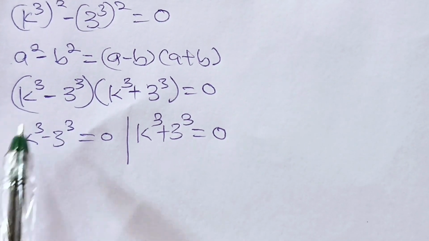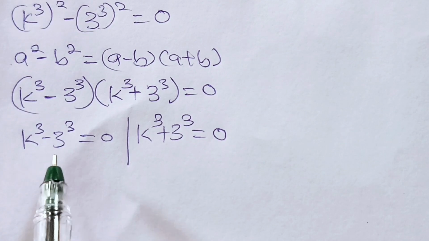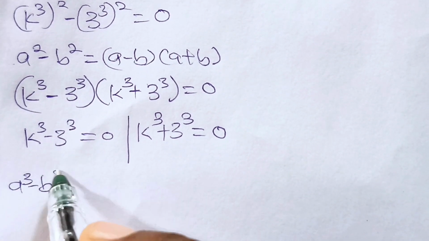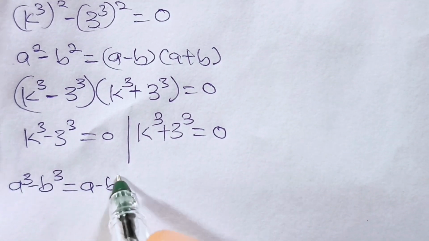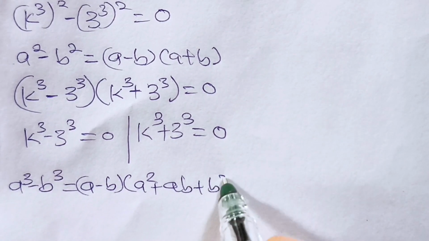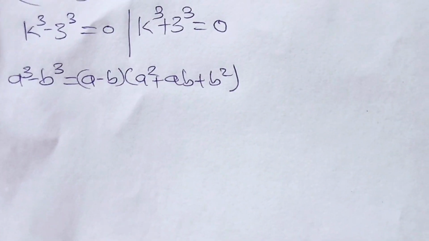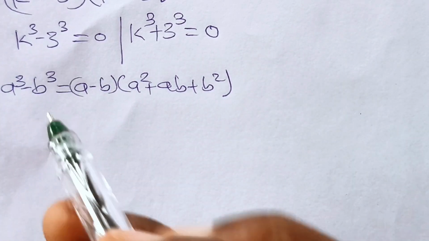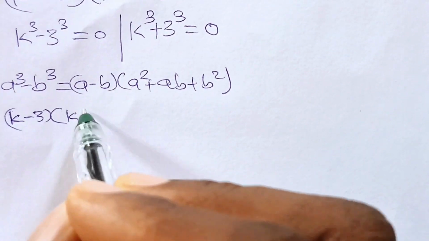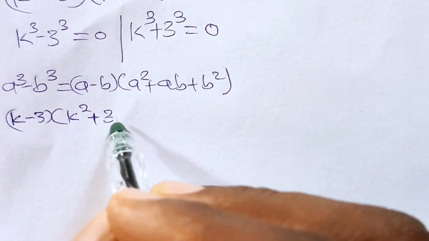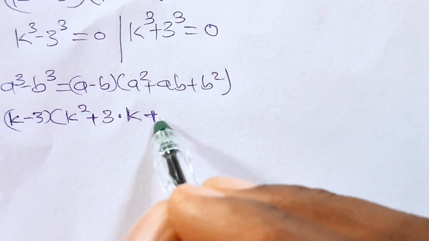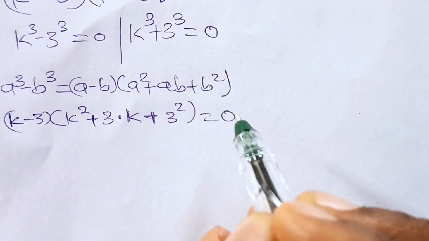Now, here we are going to recall our algebra identity that states that a cubed minus b cubed is equal to a minus b multiplied by a squared plus ab plus b squared. So we can rewrite this as k minus 3 multiplied by k squared plus 3 multiplied by k, so let me not skip anything, plus b squared, that is 3 squared, is equal to 0.